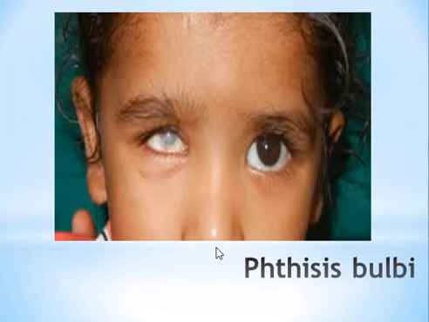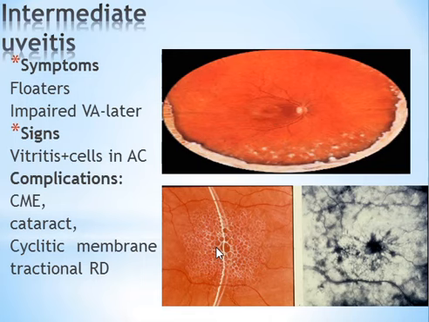Now, the chronic sequela of uveitis is phthisis bulbi, which represents atrophy of the ocular tissue as a whole. Cyclitic membrane formation.